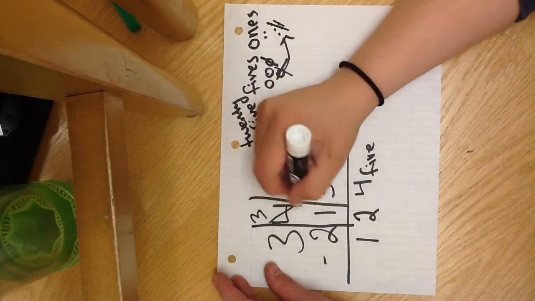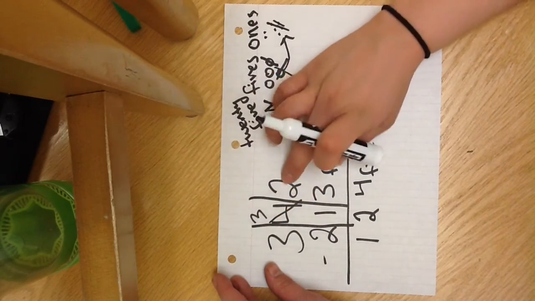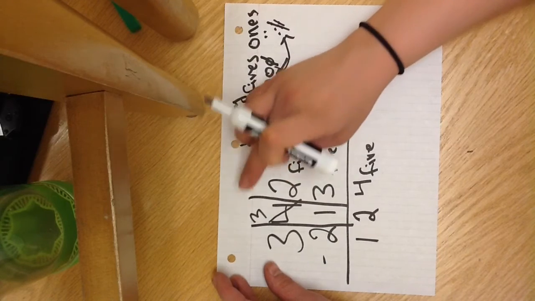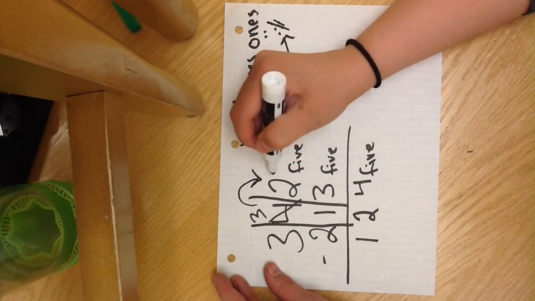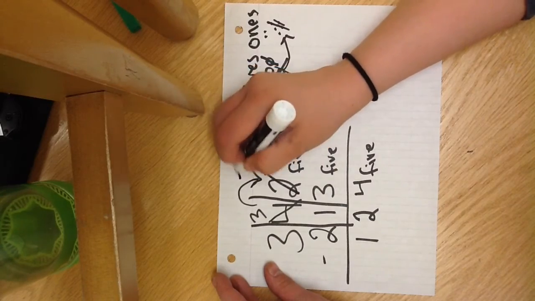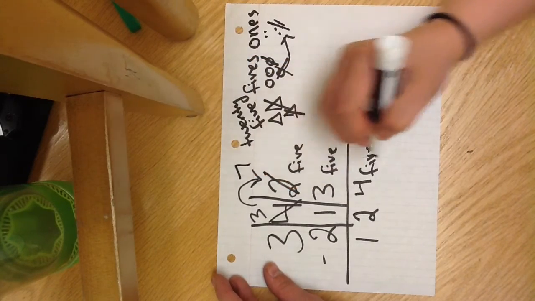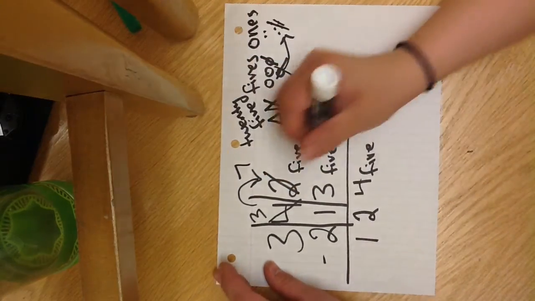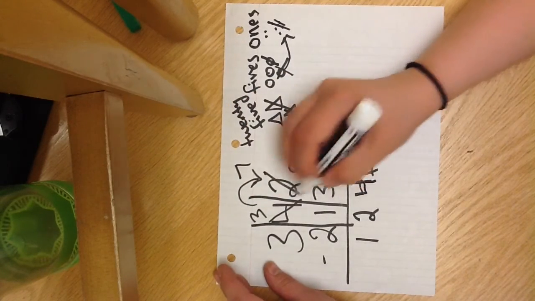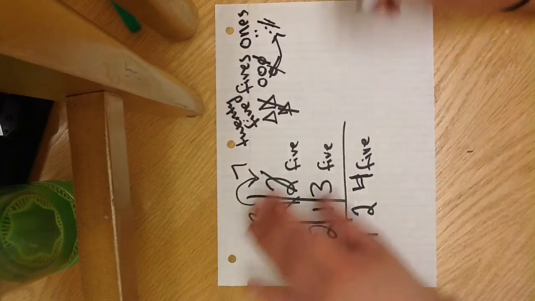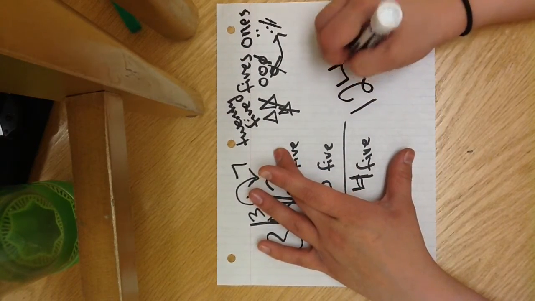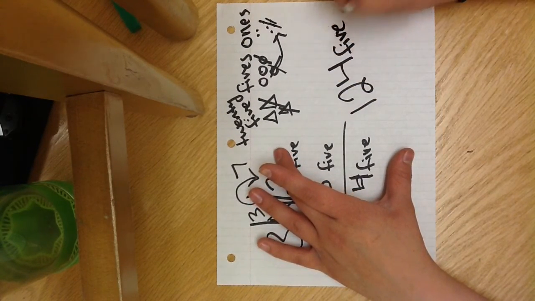So when we take a number from here, we're adding 5 to these ones. So 5 over to here, we're going to pretend it went over to here. 5 plus 2 is 7, so we have 7 now over here. And 7 minus 3 is 4. And then we could do automatically 3 minus 1 is 2, and 3 minus 2 is 1. And we're left with 124 base 5.